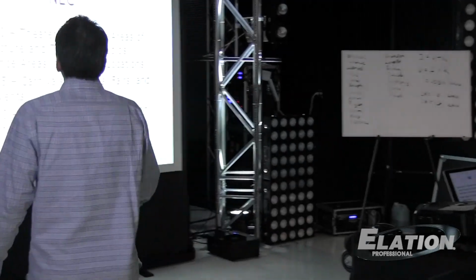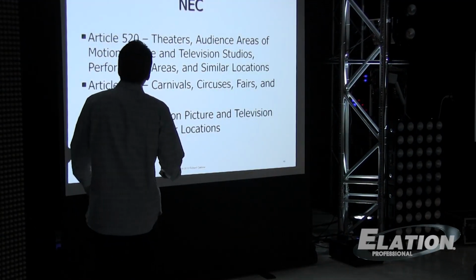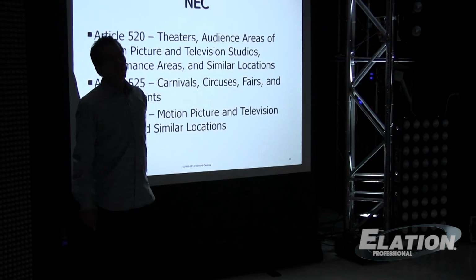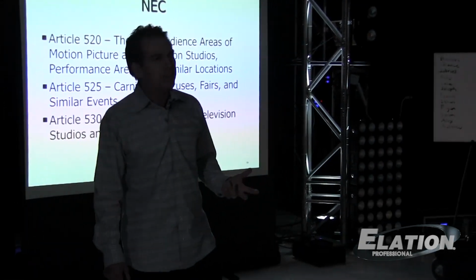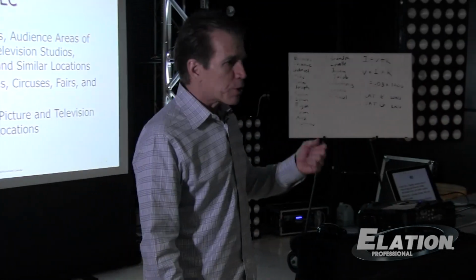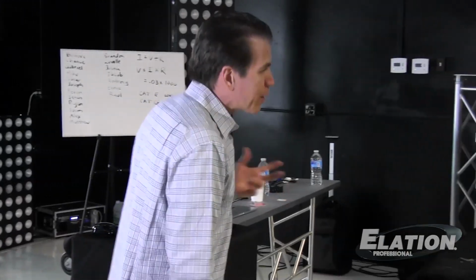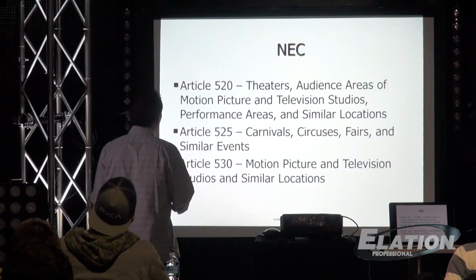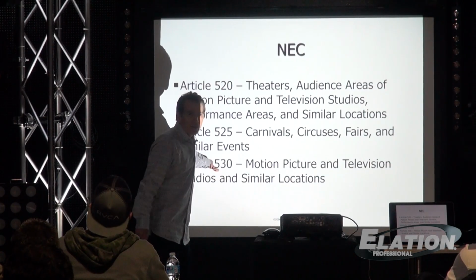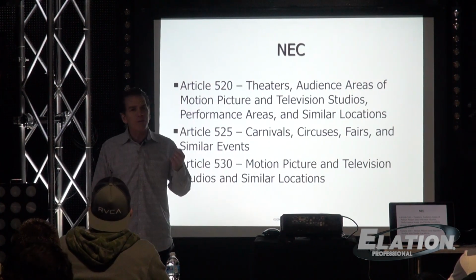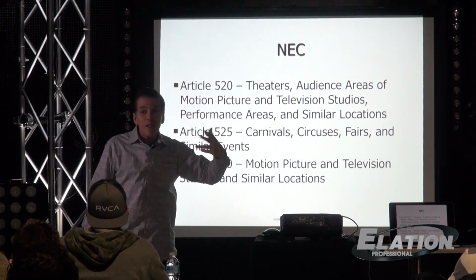And then Article 530 is for motion picture and television studios and similar locations. So in a lot of instances, if your church is broadcasting, then that could be considered to fall under Article 530.